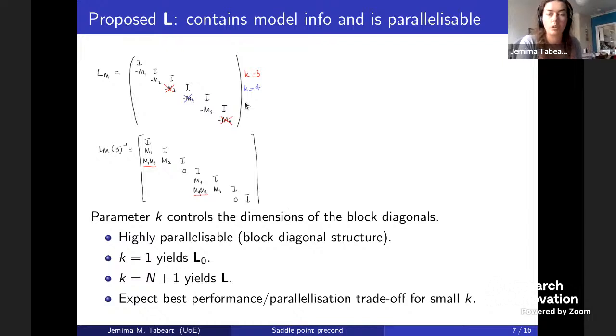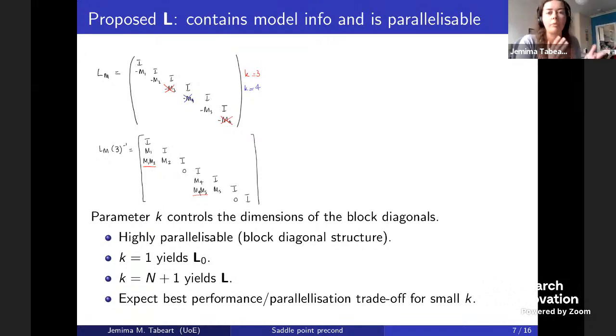If I pick K as 1, I skip everything and just recover the identity again. If I pick K as n plus 1, I won't skip anything and I'll get my original matrix L back. So there's a balance between including more model information, which will hopefully reduce the iterations, and not having such big blocks that I can't exploit the parallel structure anymore.